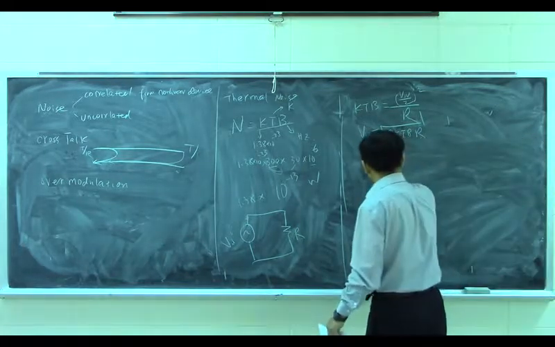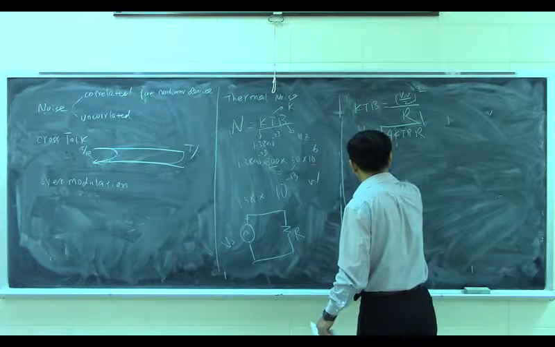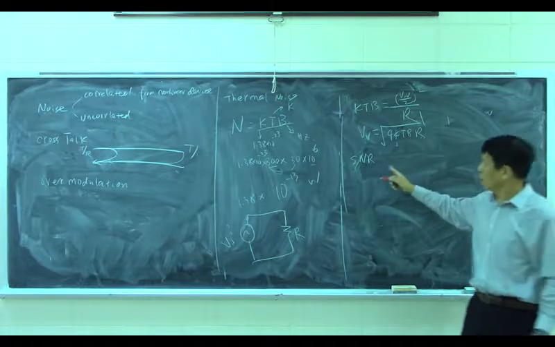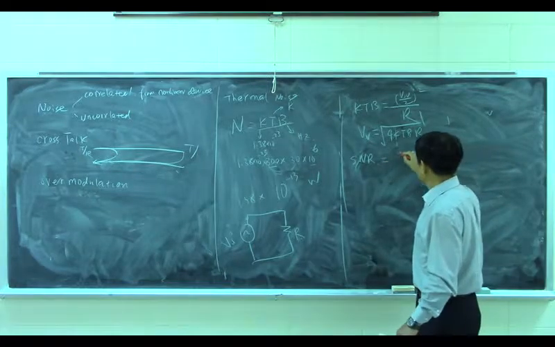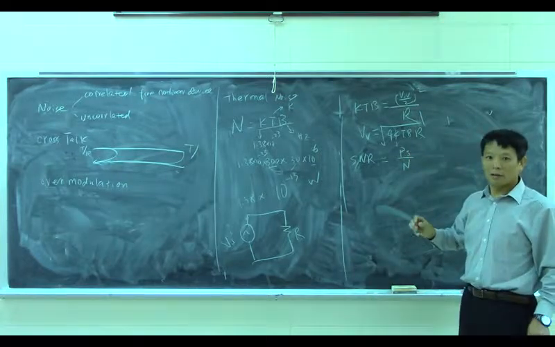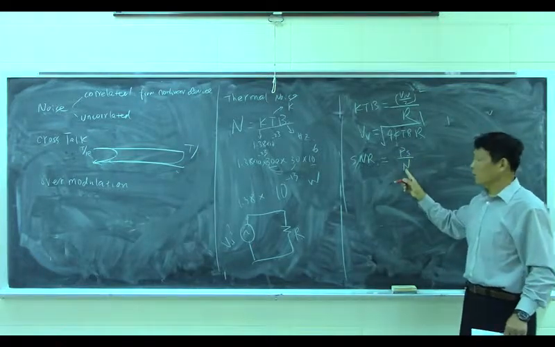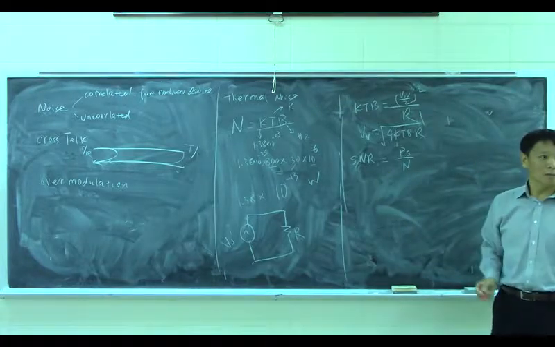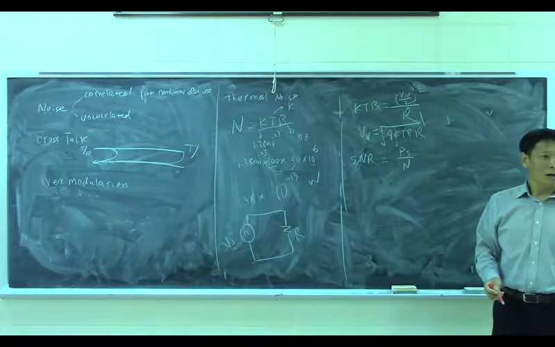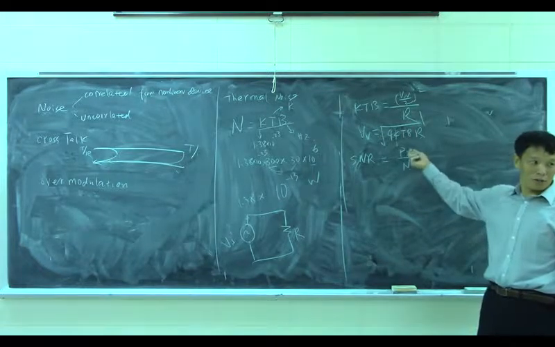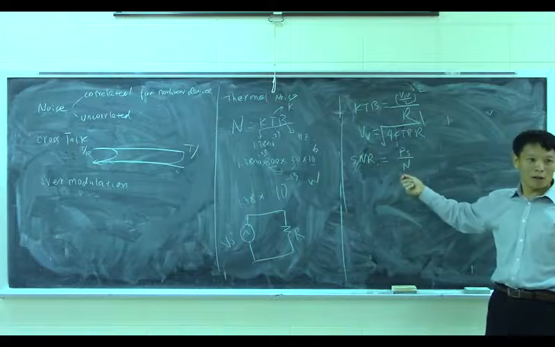Now the next one is the signal to noise ratio. That's easy to understand. You have a signal, you have the power of the signal, you have the noise power, and the signal power divided by the noise power equals the signal to noise ratio. That's it. But again, sometimes we know this one is small and this one is usually large, so this number is large, right?